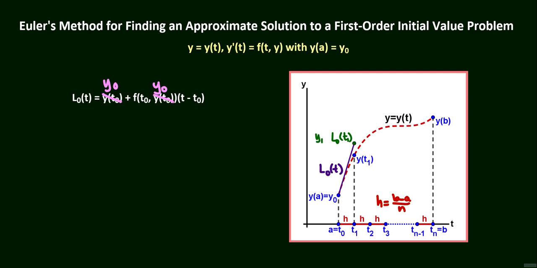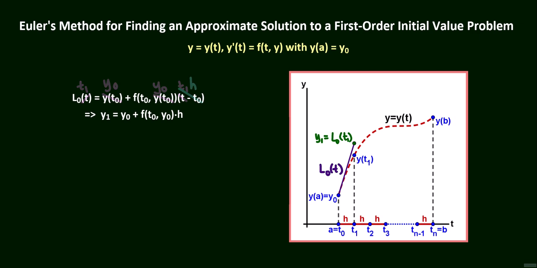Let y sub 1 be L sub 0 of t sub 1, so that replacing t by t sub 1, y sub 1 equals y sub 0 plus f of t sub 0, y sub 0 times the quantity t sub 1 minus t sub 0. t sub 1 minus t sub 0 is the step size h, so that y sub 1 equals y sub 0 plus f of t sub 0, y sub 0 times h.